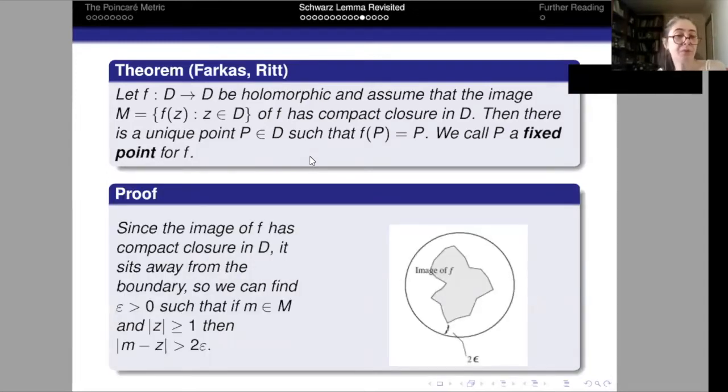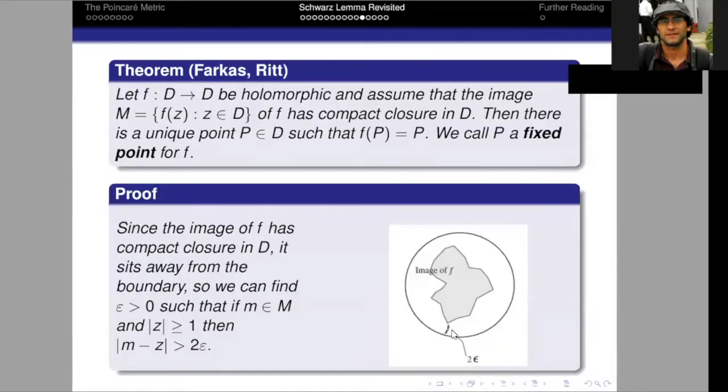Now, for the proof, since the image of f has compact closure in D, it sits away from the boundary. So we can always find an epsilon such that when z is on the boundary or outside the boundary, the distance between this M and z is greater than 2 epsilon. If you look at the image, you can always find such an epsilon.